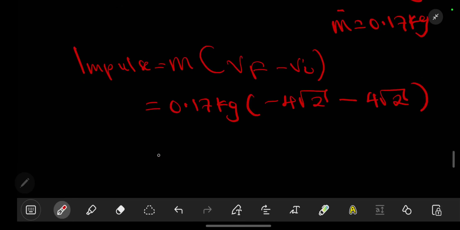If you subtract negative 4 minus 4, as long as you have the same thing, you can just subtract normally. 4 minus 4 is negative 8 roots of 2.